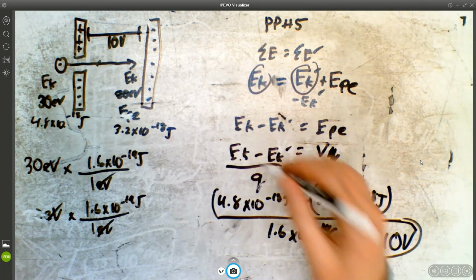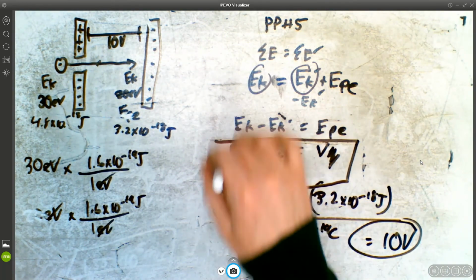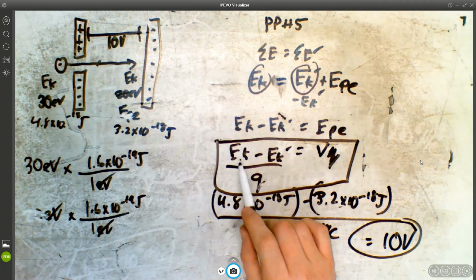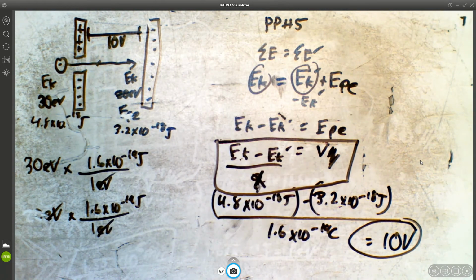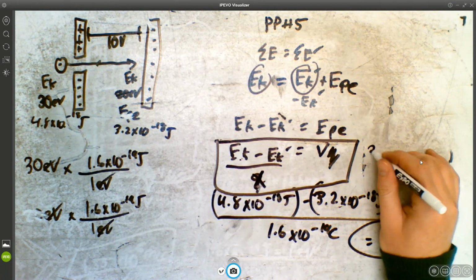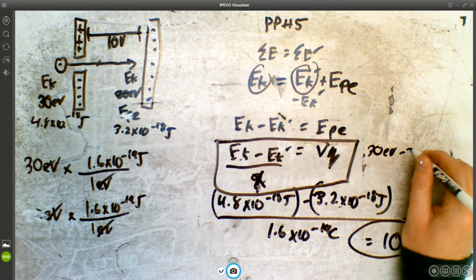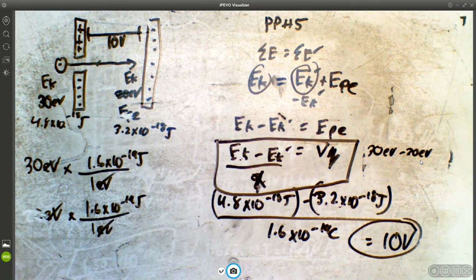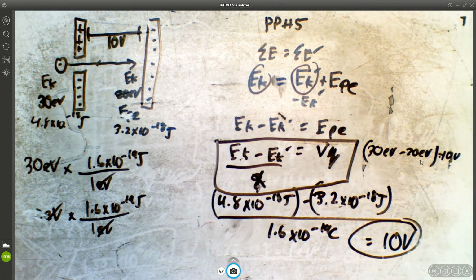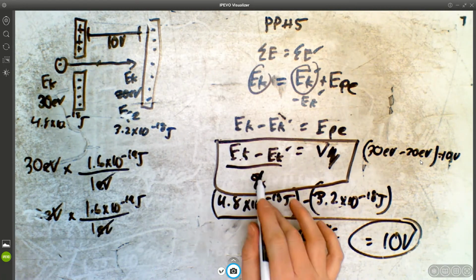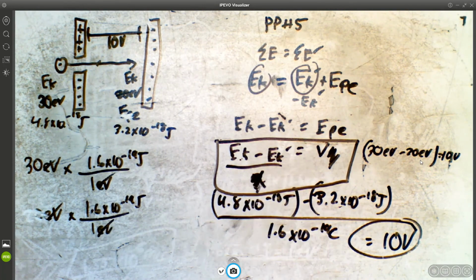What you end up finding, so if we go back to this right here, if this is in electron volts, then we can just get rid of this, right? So I can just go 30 electron volts minus 20 electron volts, and that'll get my voltage, which is 10 volts. So we just don't divide it by Q if we are in electron volts. That's all.